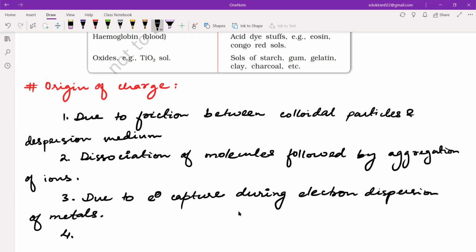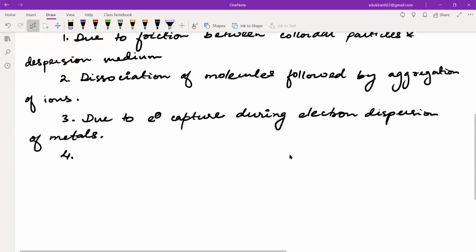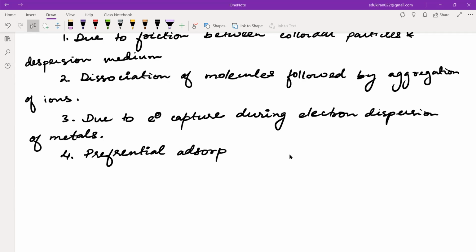Now the fourth reason that we'll look at in detail is the preferential adsorption of ions.